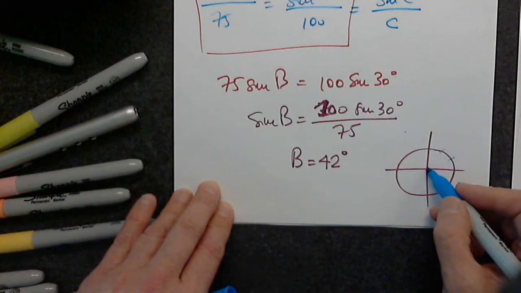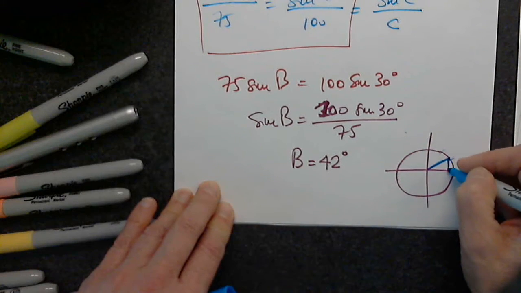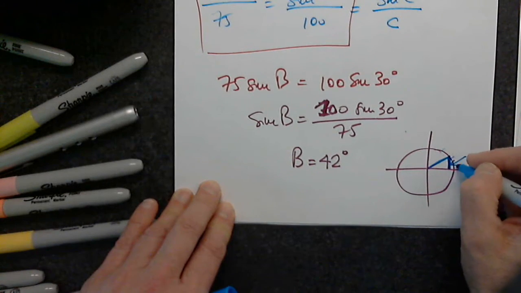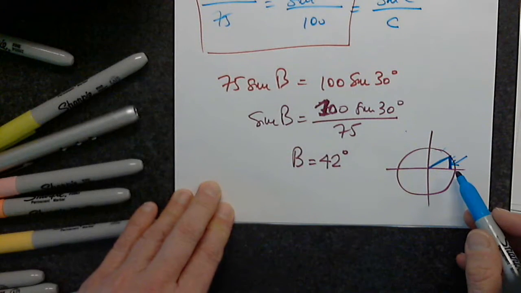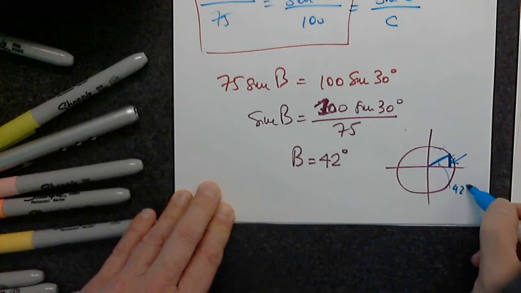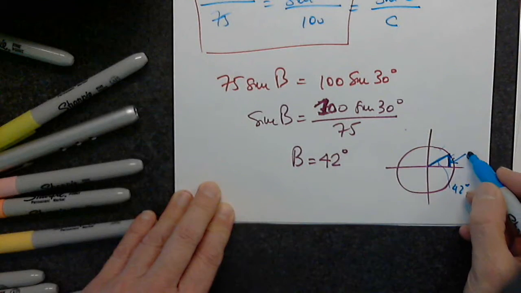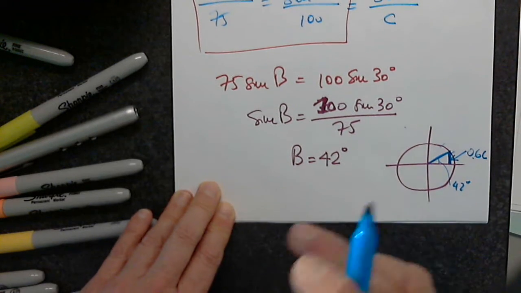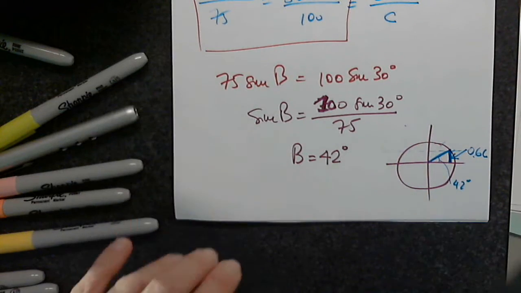It's not in the middle, it's a little bit less. Whose sine, this piece, is how much? Yes, the angle is 42 degrees, but this piece is 0.66 or 0.67. Awesome. I have to draw a horizontal line.